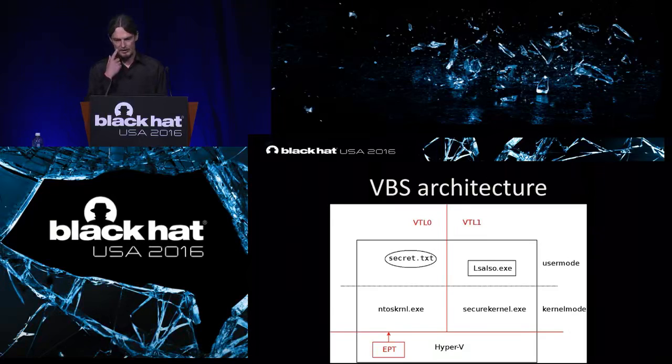Okay, so VBS architecture. I sincerely hope that most of you are familiar with the concept, because if you aren't, it will probably be difficult to follow the presentation, but as an introduction: when Hyper-V is installed and virtualization-based security is enabled, the Windows 10 operating system no longer has full control over the whole machine.